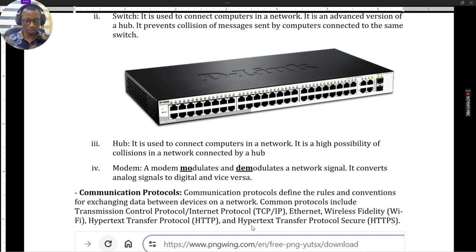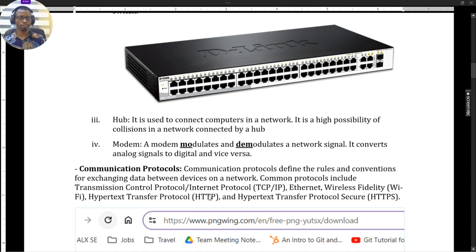So that's it. Now we talk about the modem. A modem is from the words modulation and demodulation. Modulation and demodulation actually mean to convert analog signal to digital and vice versa. Back in the days when we had PSTN, the public switched telephone network, you had to have a modem connected to the telephone wire, and it converts the signal and makes it digital.